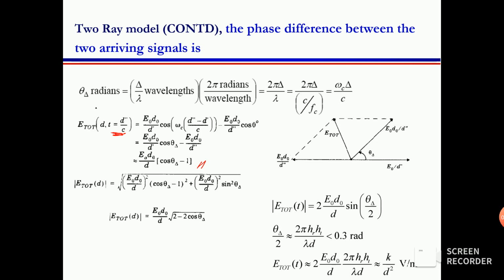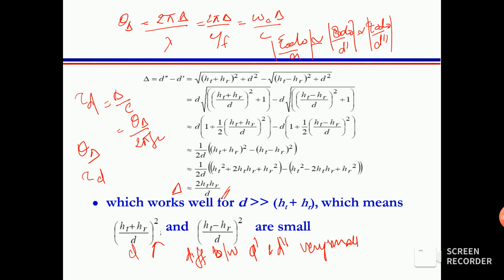As I said previously, if the distance between your transmitter and the receiver is very large, then we can say d dash is approximately equal to d double dash, and because of that the magnitudes are almost equal. The magnitude is the same, but it differs in the phase.